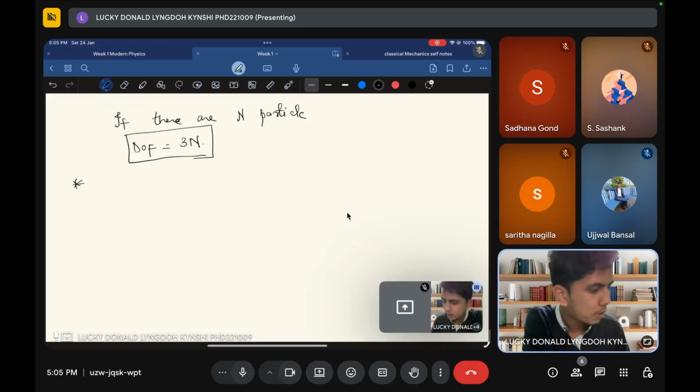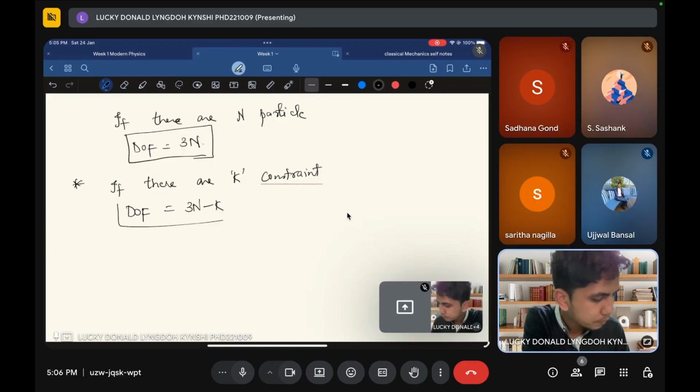And if there are k constraints, then the degrees of freedom will be 3n minus k. I'll give you an example of what I mean by constraint.